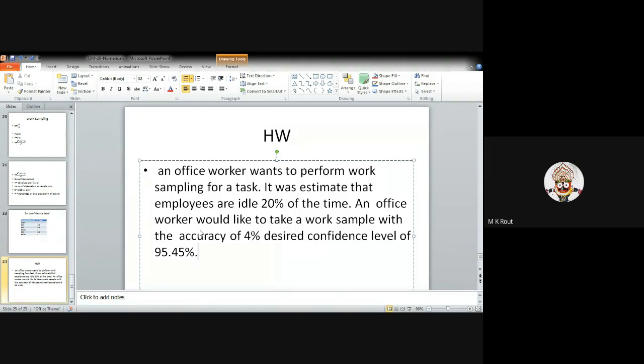What is the value of Z here? 2. Exactly.